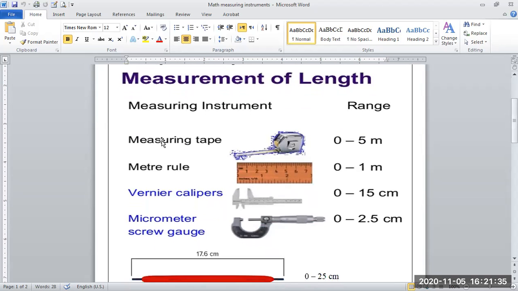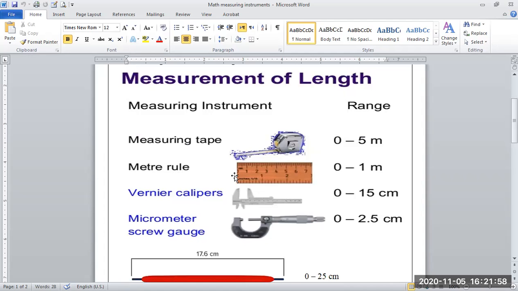For example, the measuring tape. This we use from 0 to 5 meter. If the object is 5 meter or less, then we use this, and we use a meter ruler.